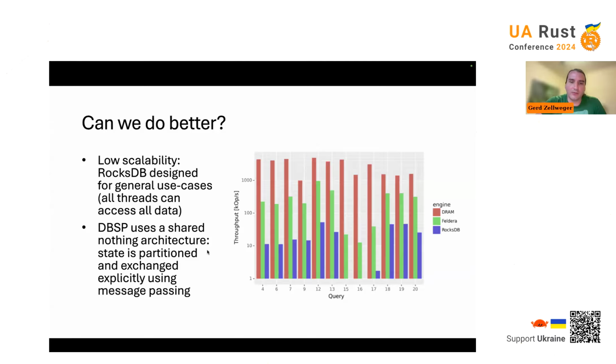So in the green bar, which you'll see afterwards, we show the storage engine that we designed for Feldera. Because our DBSP circuits use a shared-nothing architecture where every thread computes on different data, there is very little sharing, and if there is sharing, it's done explicitly through message passing.